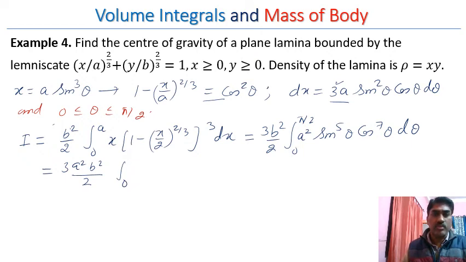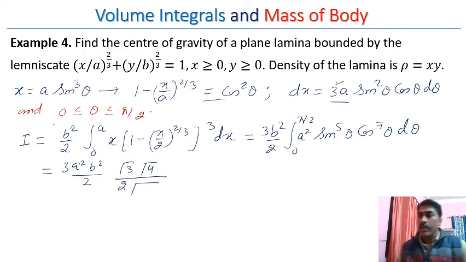Just put the formula for this, which we have already discussed in the previous question. This will become gamma of (5+1)/2, which is gamma 3, since sin has power 5, and then cos has power 7, so gamma of (7+1)/2, which is gamma 4, and in the denominator gamma 7.